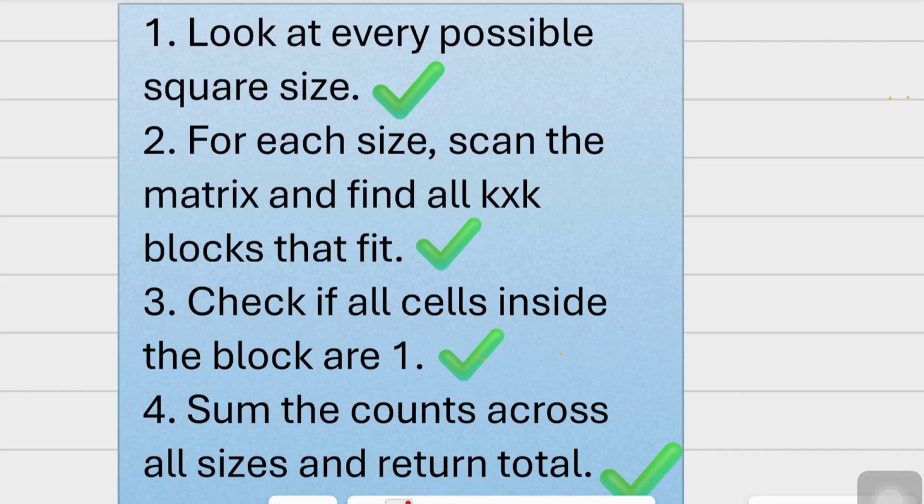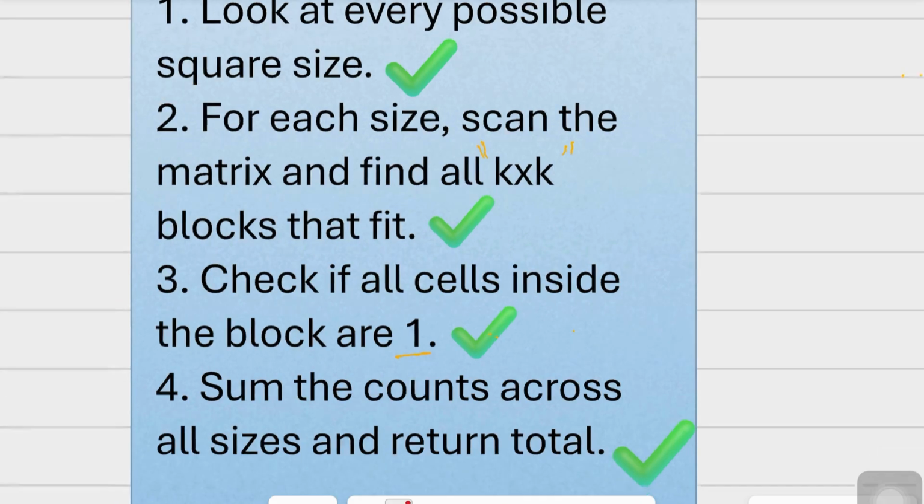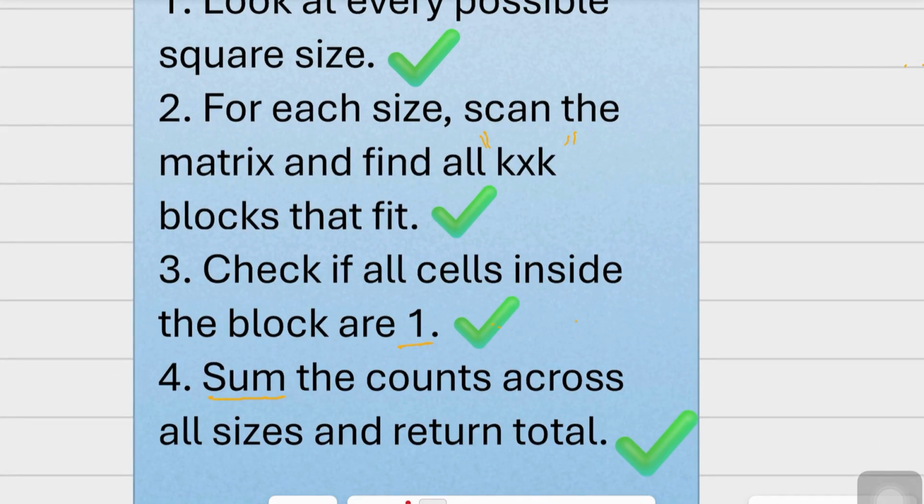For each size, scan the matrix and find all k times k blocks that fit. 3. Check if all cells inside the block are 1.